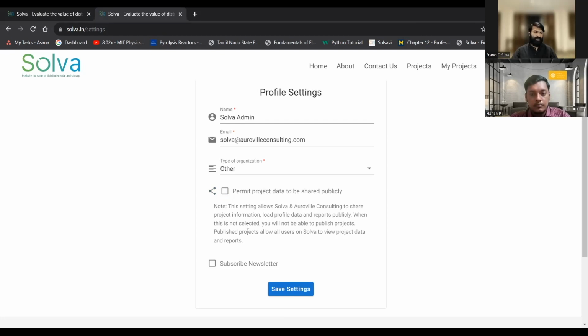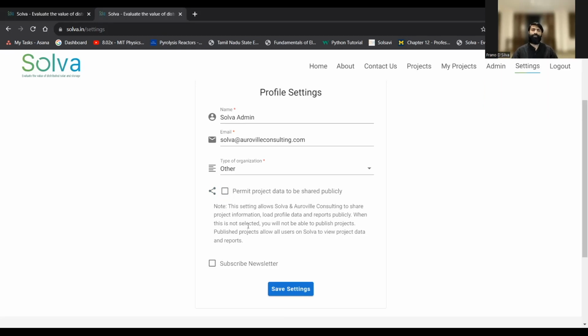During that period, whatever data and information you have uploaded will not be shared publicly. After that period of time, in case you are open to share the data, you can check this box, save your settings, and after making this change, whatever data you upload will then be shared publicly. Okay, got it.